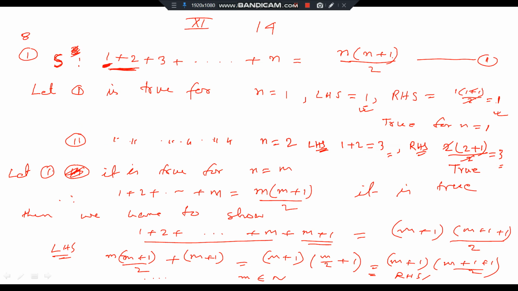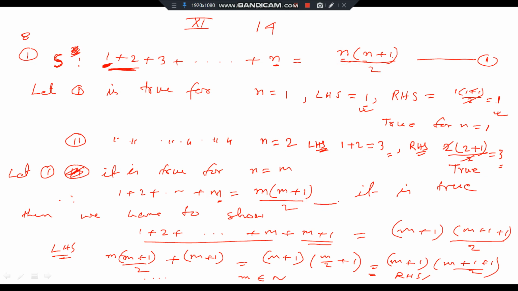Now next step, let equation 1 be true for n equal to m. You have to consider that for n equal to m it is true. That means here in place of n you are putting m, and here also you are putting m. So m into m plus 1 by 2, put here.